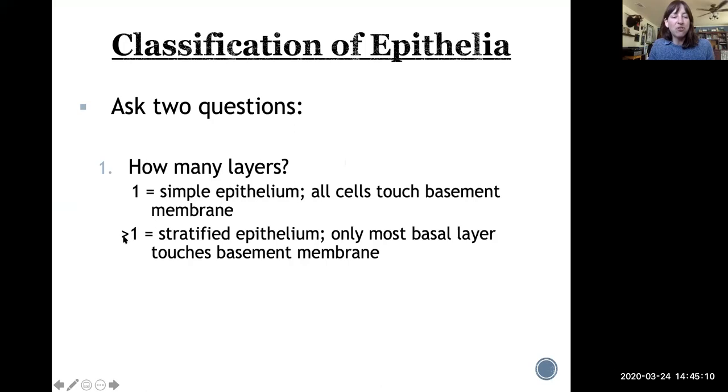If it has multiple layers, more than one layer, it is a stratified epithelium, like the strata of rocks at the Grand Canyon, or soil strata. Stratified epithelium has multiple layers of cells versus simple epithelium, which has one simple layer of cells. And they all touch that basal membrane, that basement membrane or basal surface. So that's the first question: how many layers am I looking at to find out if it's simple or stratified?